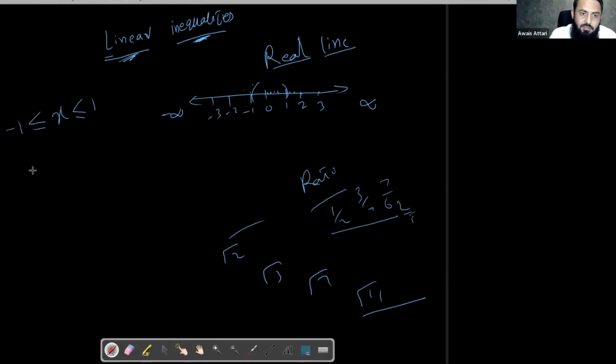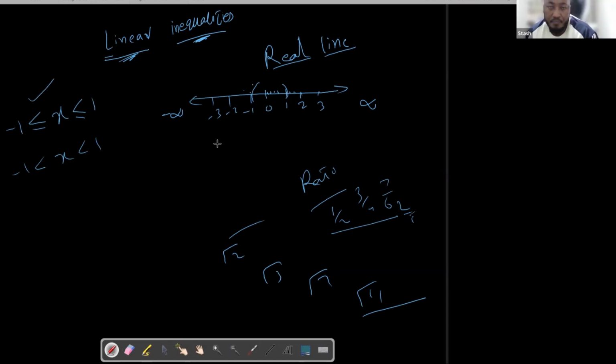There's a difference between this inequality and this: x is less than 1 and greater than -1 means -1 and 1 are not included, but the numbers between them. And for this one, x is less than or equal to 1 and greater than or equal to -1 means all the numbers between -1 and 1, including -1 and 1.